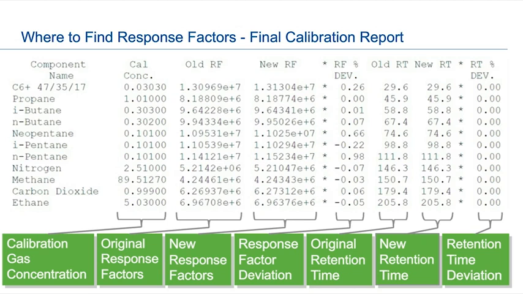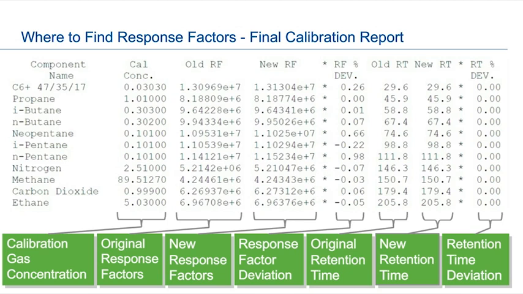So on the left-hand side, we see the component name column. These are your components of interest. These are not necessarily the components that are in your unknown sample; these are the ones that you want to look at, and the ones you're calibrating against. Notice the order that they're listed. They are in the order of elution or retention time.